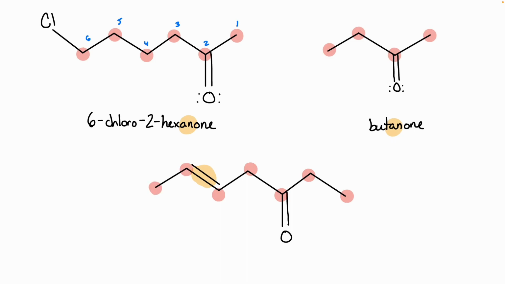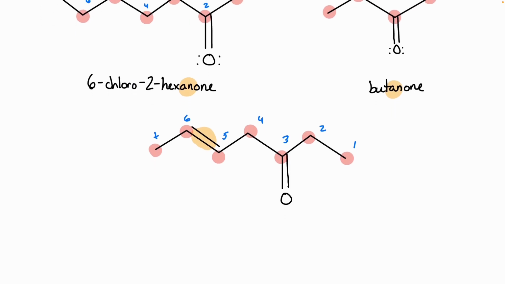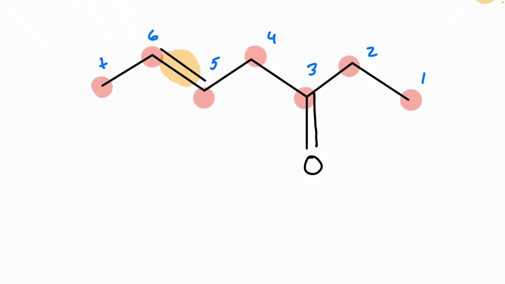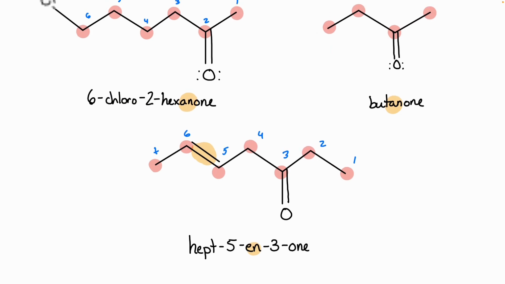We're going to number our parent chain to prioritize that carbonyl group. 1, 2, 3, 4, 5, 6, 7. Okay, but now I've got to indicate the position of both the ketone group and the double bond. So this would be hept-5-en-3-one, where now we have the ene in the name to indicate the presence of that double bond.